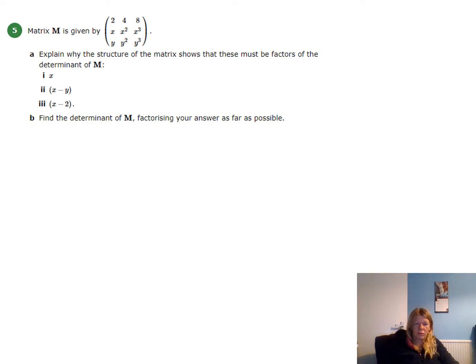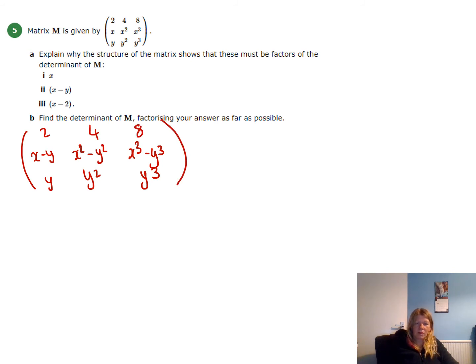So let's do, what was it? You'd have x take y, x squared take y squared, x cubed take y cubed, y squared, y cubed, 2, 4, 8.